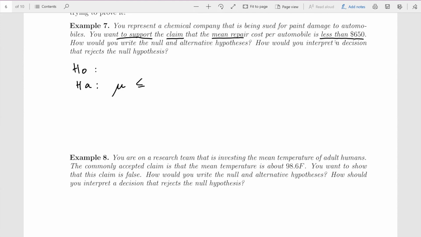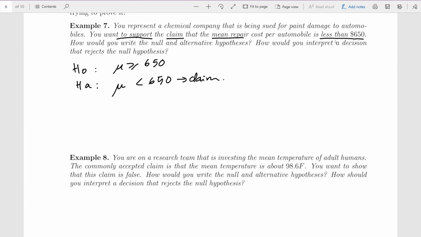So the mean cost is less than 650, right? And the null hypothesis has to be at least 650. This is your claim. And if you want to support this, it is fine because the claim is the alternative hypothesis. Okay? And then you can support it.